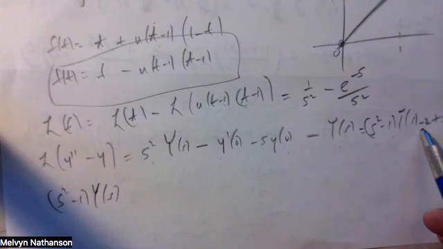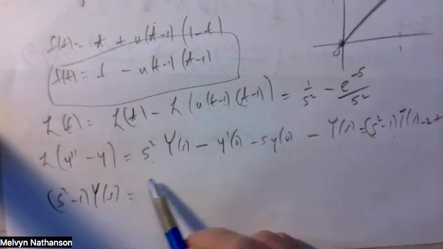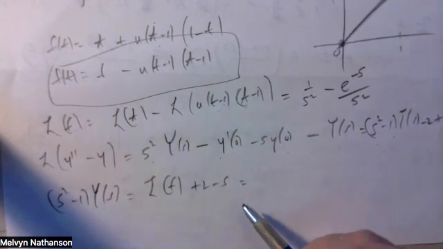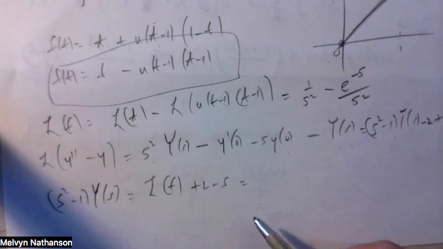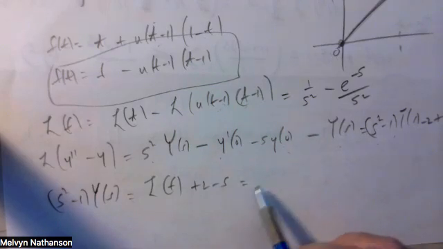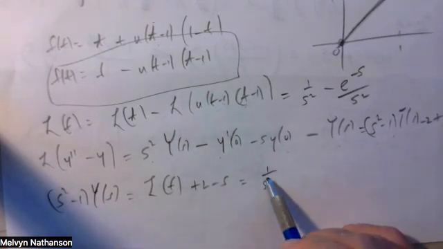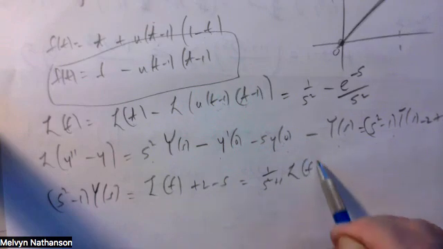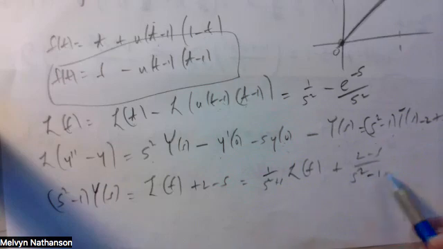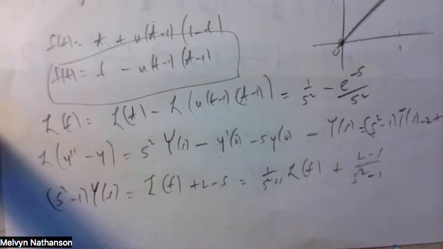I get 2 minus s, L of f, plus 2 minus s over s squared minus 1.